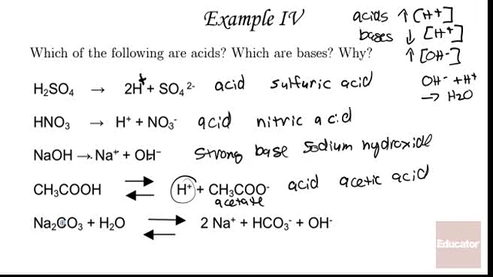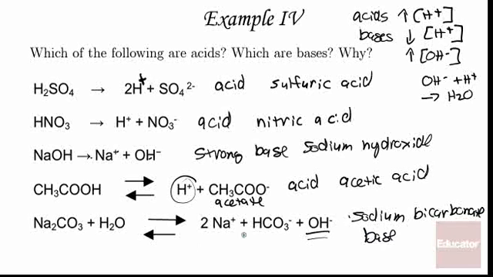Finally, Na2CO3 plus water dissociates to form 2 sodium ions plus bicarbonate and hydroxide. So I can see with this increase in the hydroxide, what I have is a base. And this is sodium bicarbonate, which is a weak base. It dissociates to form sodium, bicarbonate, and hydroxide.